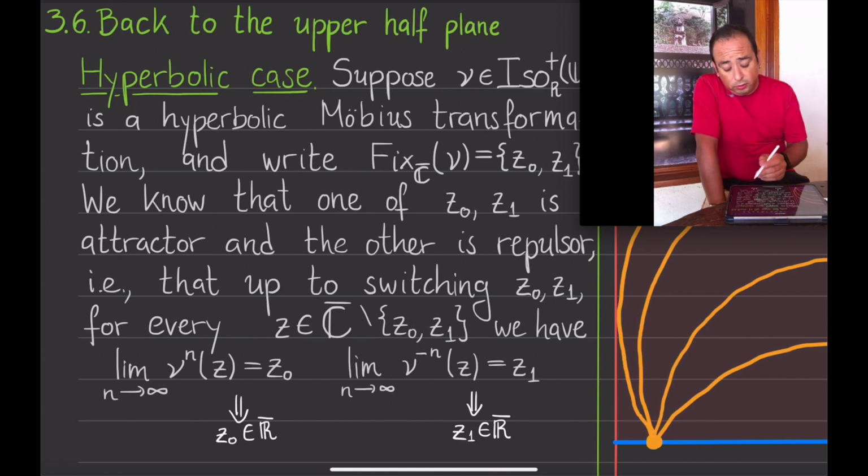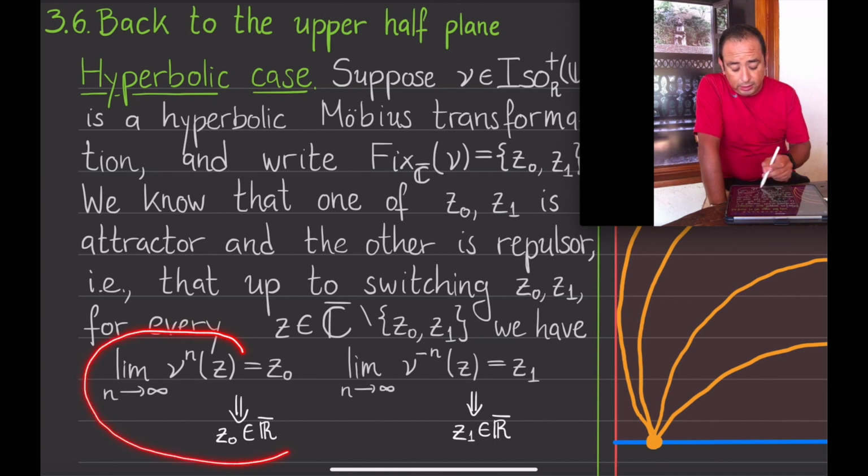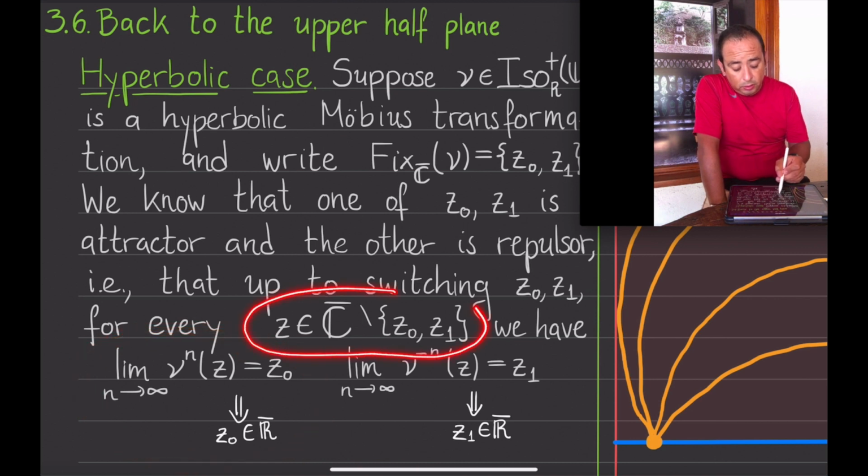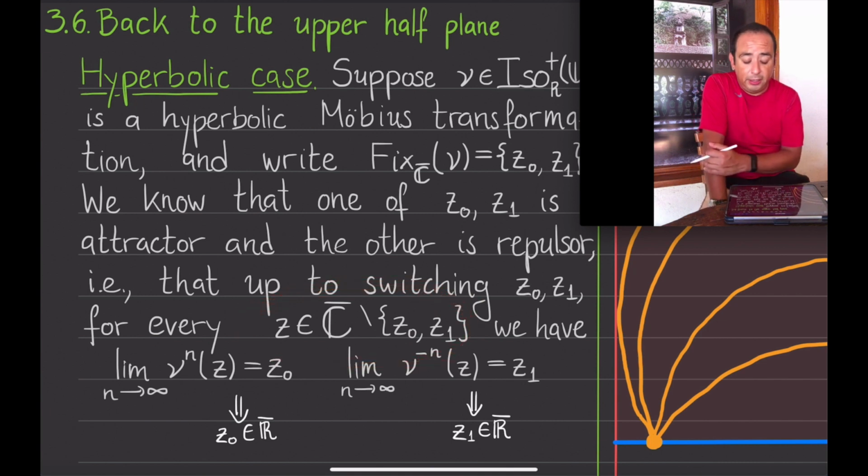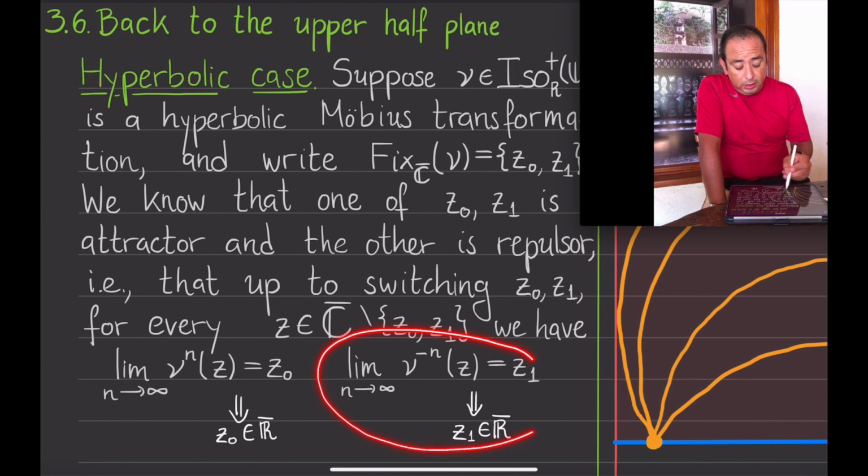Okay, so what happens is this. Z0 being an attractor means that for every point which is not Z1, for every point which is not fixed, let's say by nu, the limit of the iterations is Z0. And similarly, we know that the limit of the iterations of the negative powers of nu is Z1.